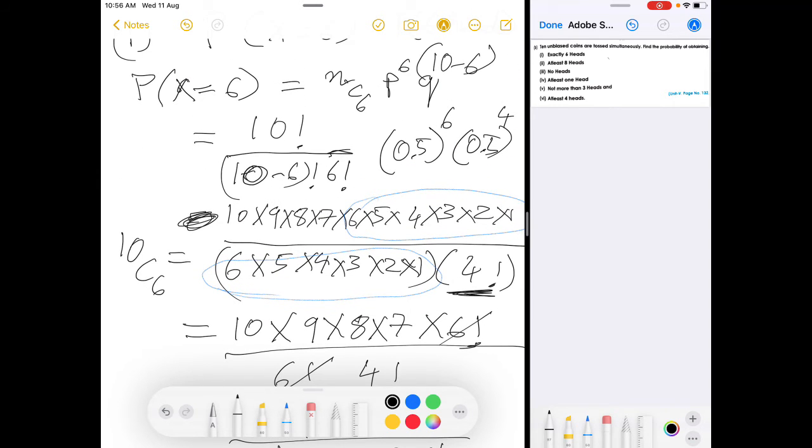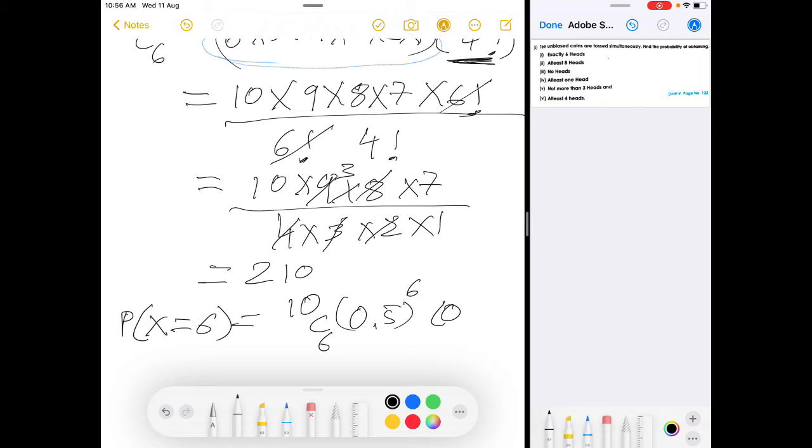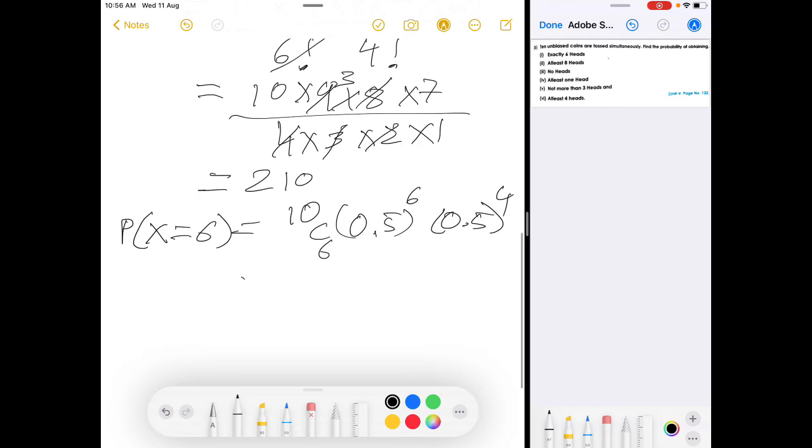Now let's go back to the formula. We were calculating the probability of 6 heads. We had nC6 multiplied by 0.5 to the power 6 into 0.5 to the power 4. So the probability of getting 6 heads is equal to 10C6 into p, which is 0.5 to the power 6, and the probability of getting tails, 0.5 to the power 4. The first part we have already solved, it is 210.